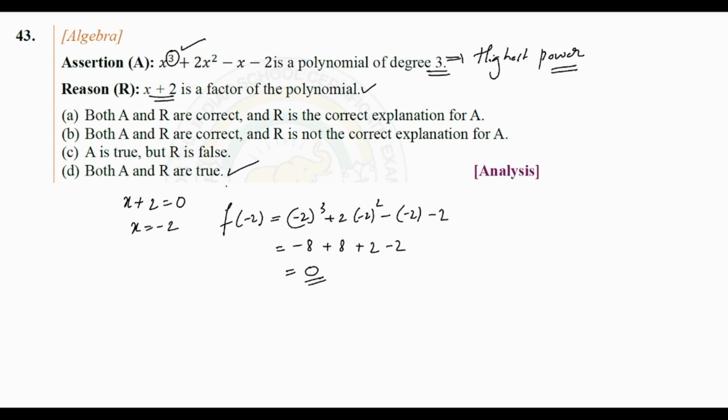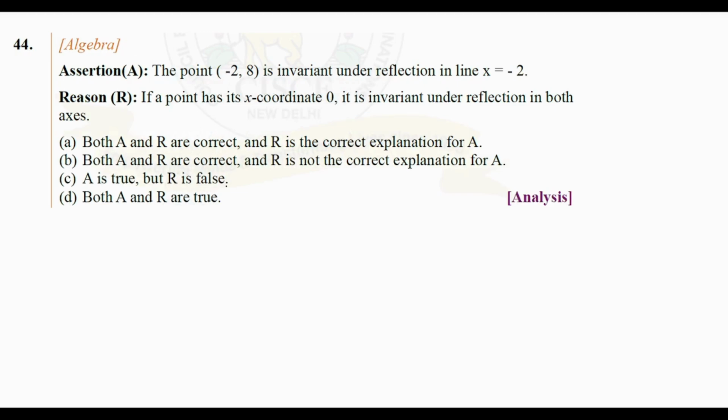So now let's move to the 44th question. See, the point minus 2, 8 is invariant under reflection x equal to minus 2. Children, you must understand what you mean by invariant. An invariant point is the point whose coordinates remain the same even after reflecting that point in a certain axis or certain line.